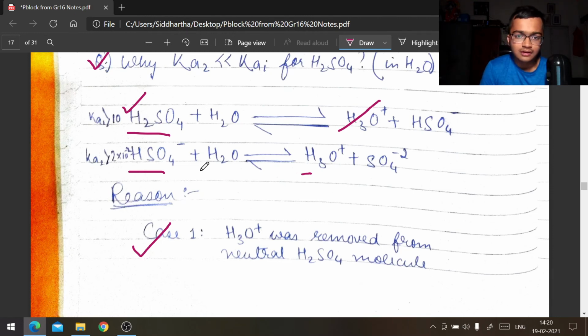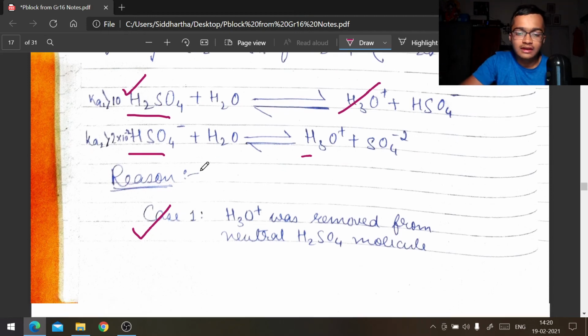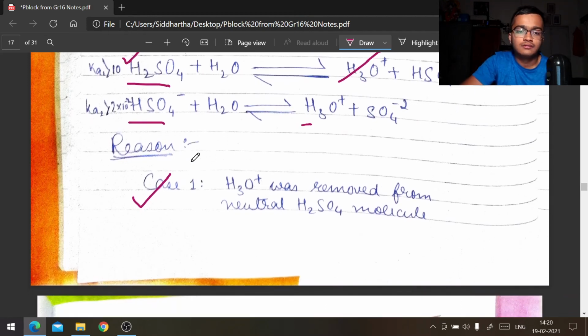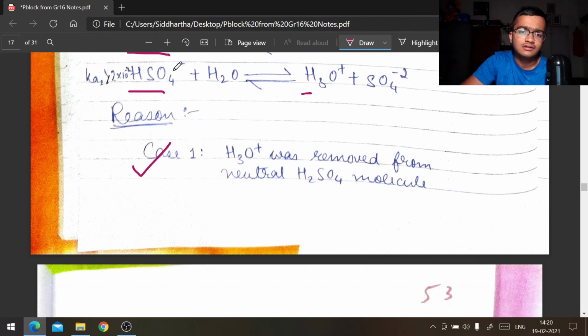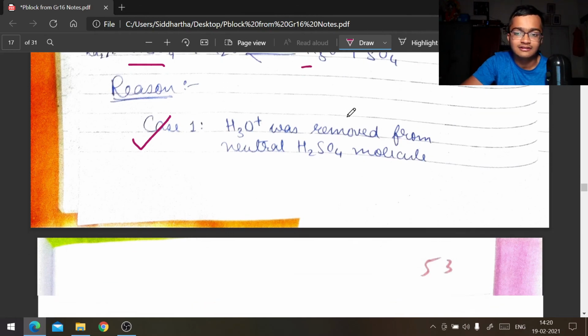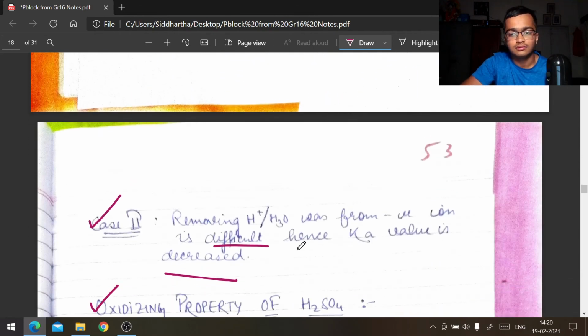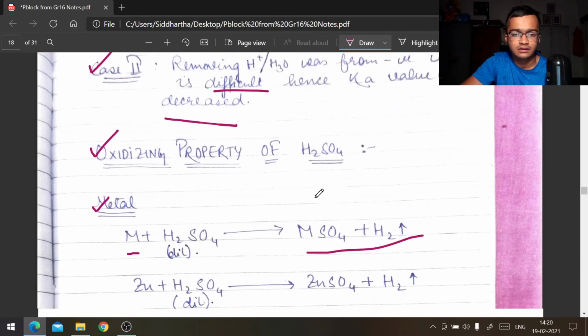In the first case, you are extracting the H+ from a neutral molecule, so Ka1 is more. When you extract H+ the second time from HSO4-, it is already a negative ion, so it is difficult to extract. So the acidity will generally be low.